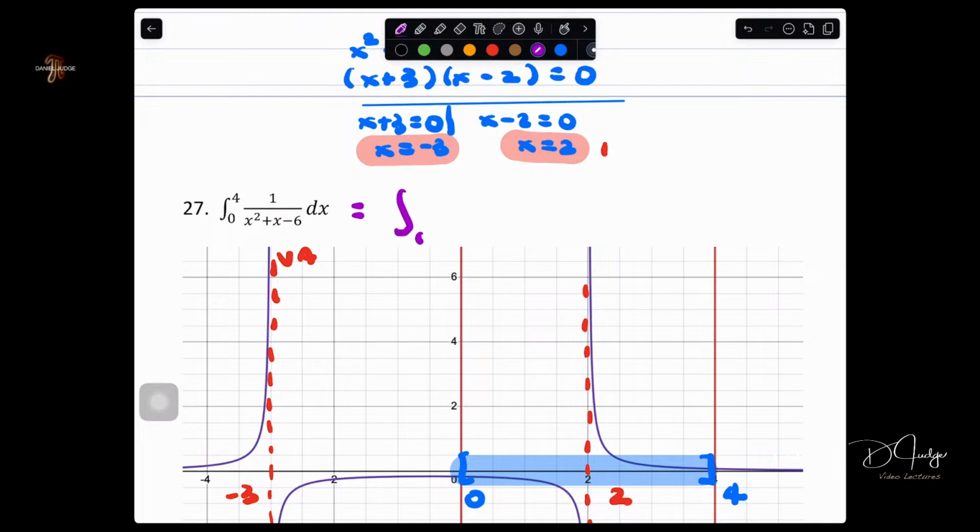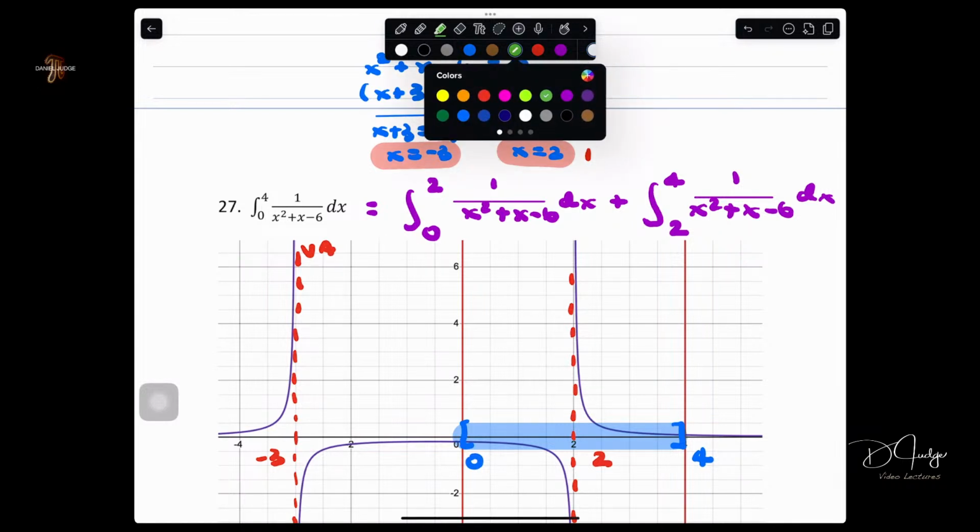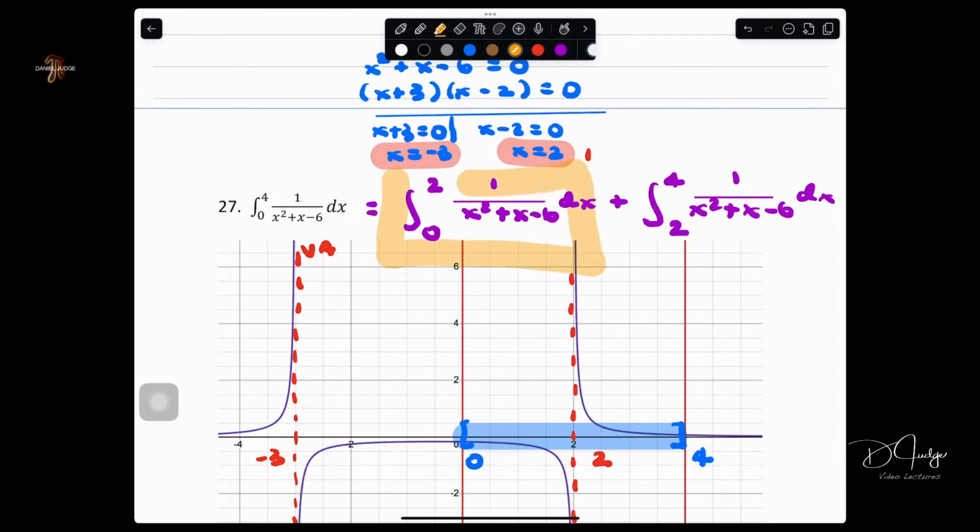We're going to integrate from 0 to 2 of 1 over x squared plus x minus 6, and integrate from 2 to 4 of 1 over x squared plus x minus 6 dx. You're going to have two integrals: first improper integral, second improper integral.